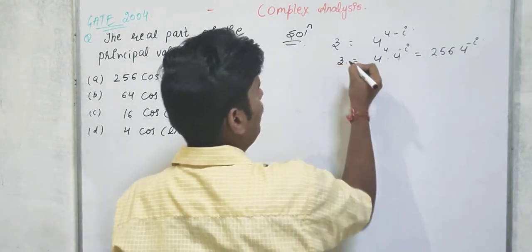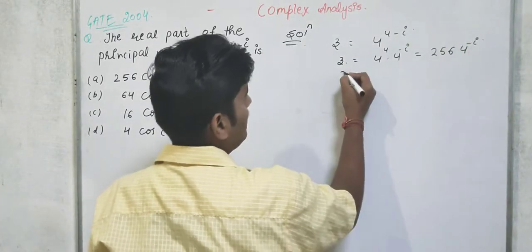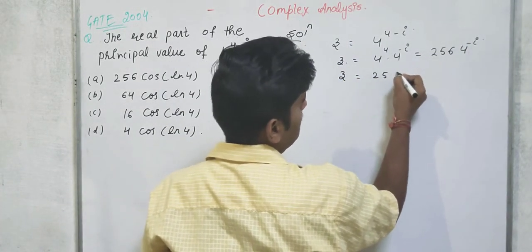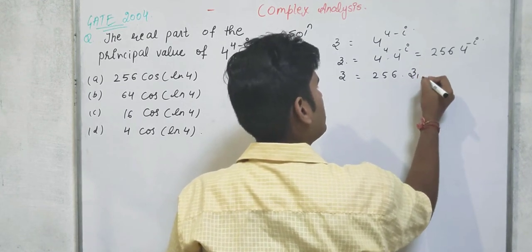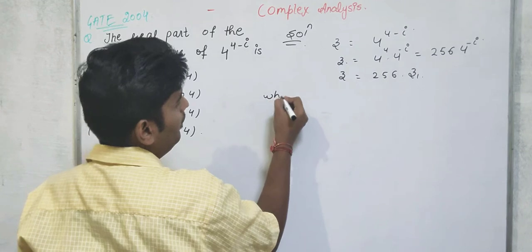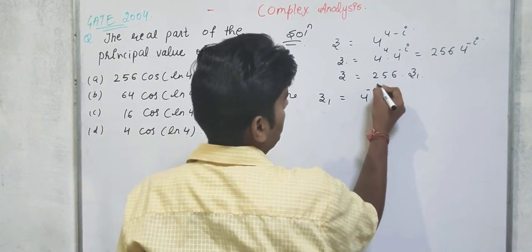Okay, now assume that this number is z1. So z is equal to 256 into z1, where z1 is equal to 4 raised to power minus iota.